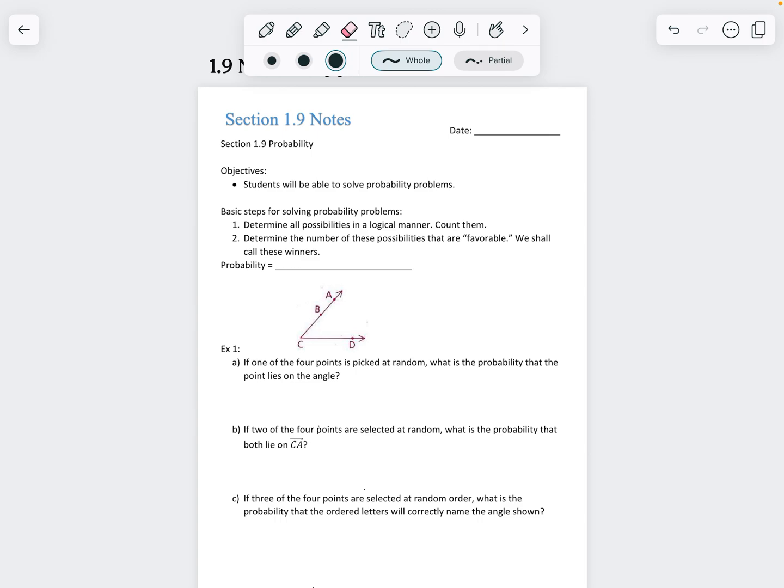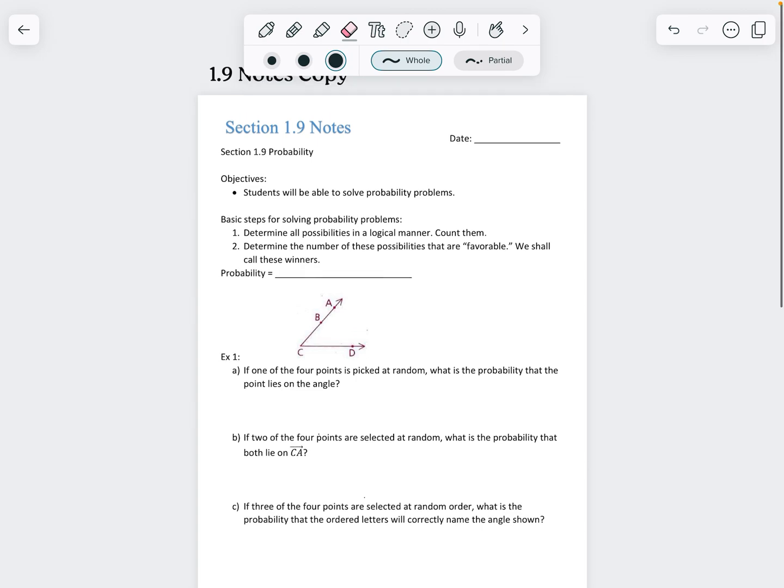So number one, we're gonna solve some probability problems. Here are the basic steps for it. Number one, you're gonna determine all possibilities in a logical manner so you can count them. And then number two, determine the number of possibilities that are favorable. We'll call those winners.